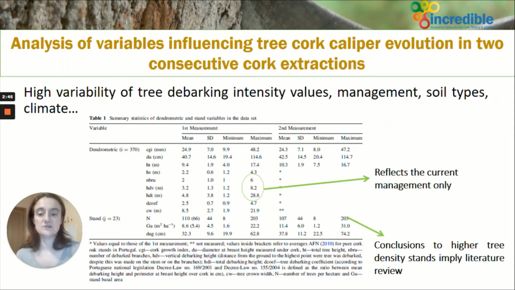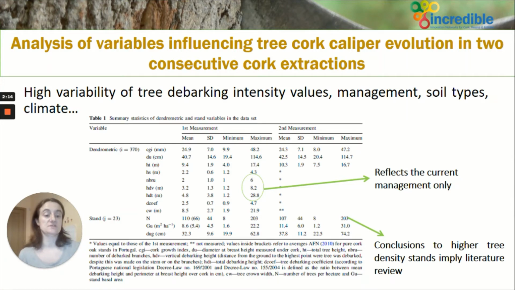For diameter of the tree, we also have maximum values that reflect the production of trees that are very large. And for example, regarding the stand variables, we see that we are ranging from 8 trees per hectare, so very, very low density, to 203, so a little bit more dense stands.